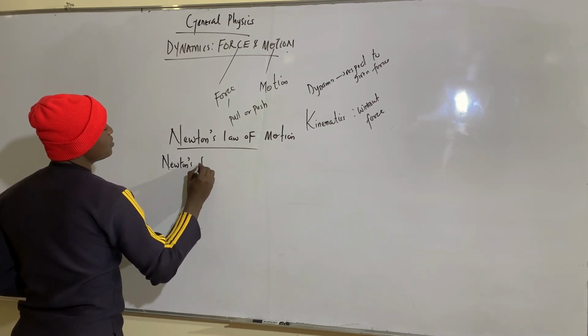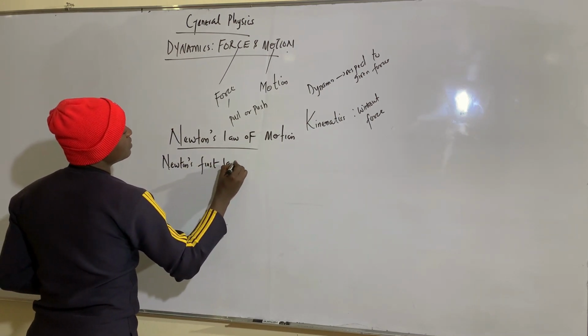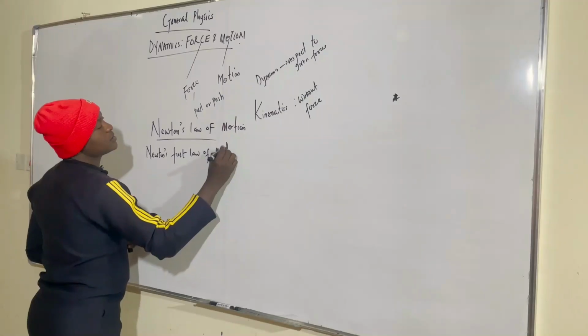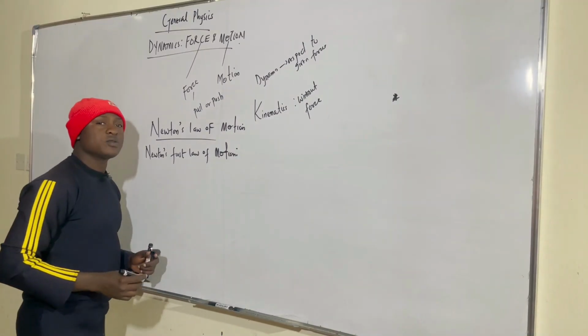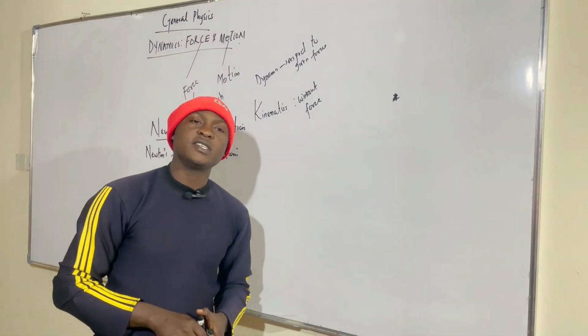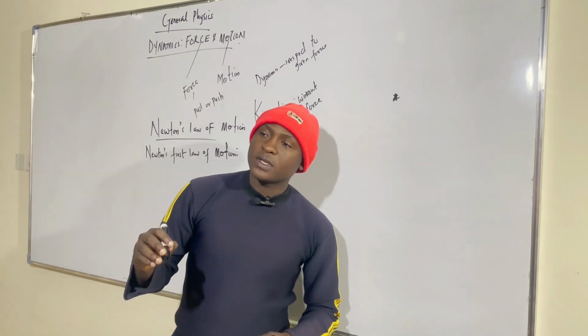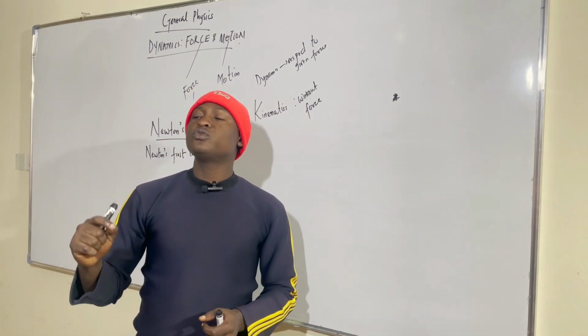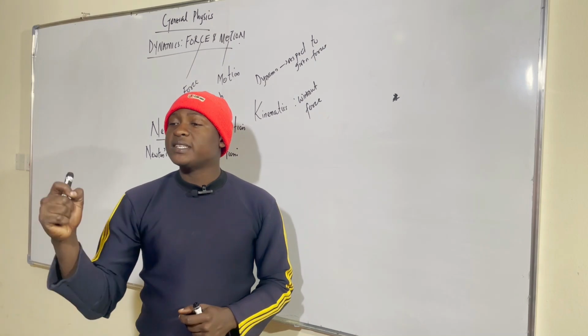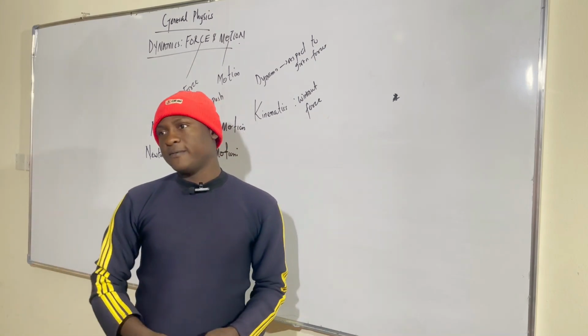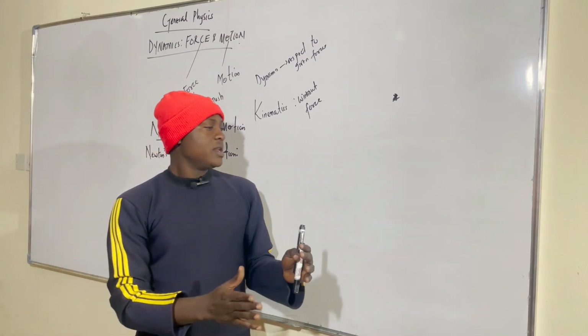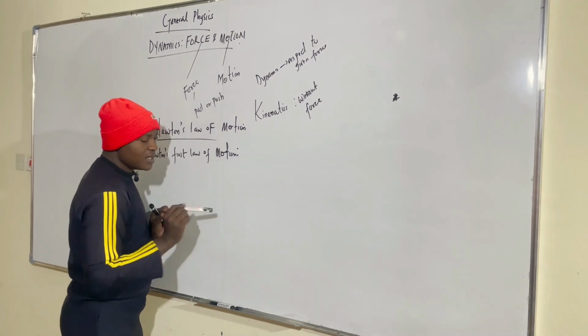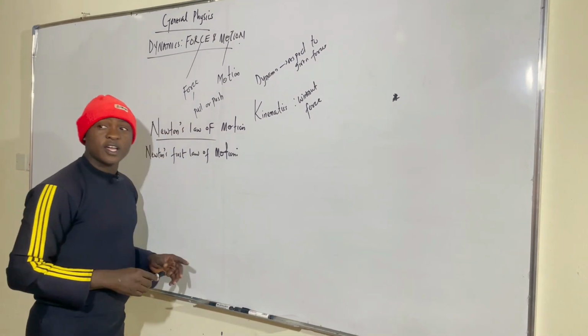Newton's first law of motion explains the concept of when an object is at rest. The law states that a body or an object will continue to be in a state of rest unless it is acted upon by external forces. What does that mean? For example, I have this marker here.